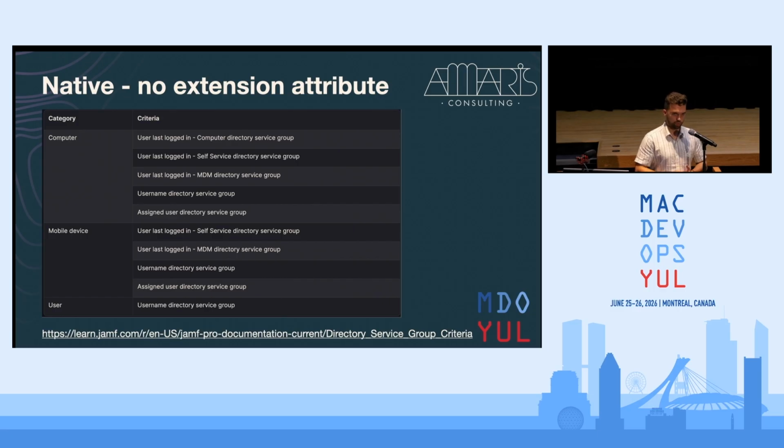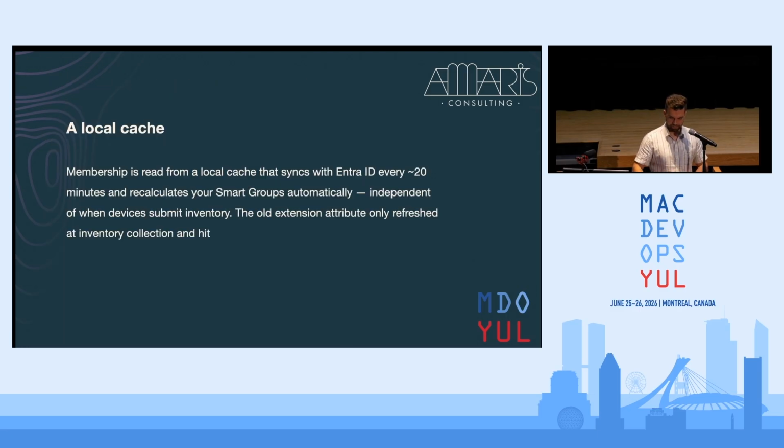So if you build a group using either the username or the assigned user, normally whether you use one or the other, it should give you the same number of devices. It's just a small technical difference in the backend. One other thing that I did not mention that's pretty nice is that, unlike the extension attribute method, which would only update group membership at an inventory update, so like once every day, this one actually recalculates the smart groups automatically every 20 minutes.